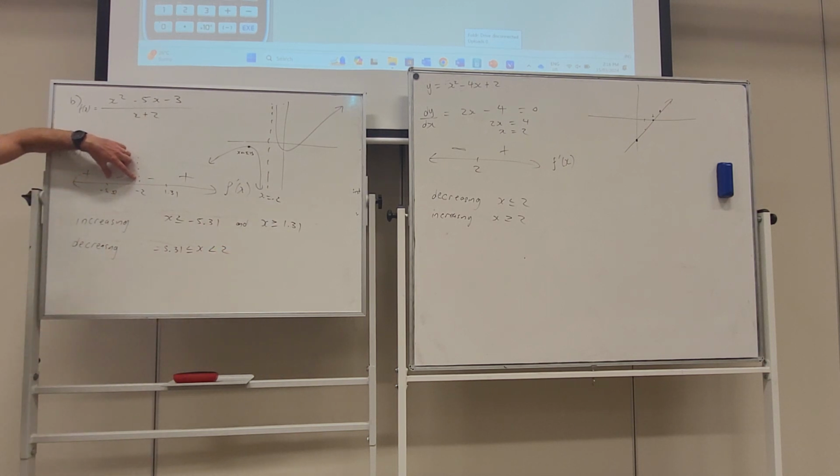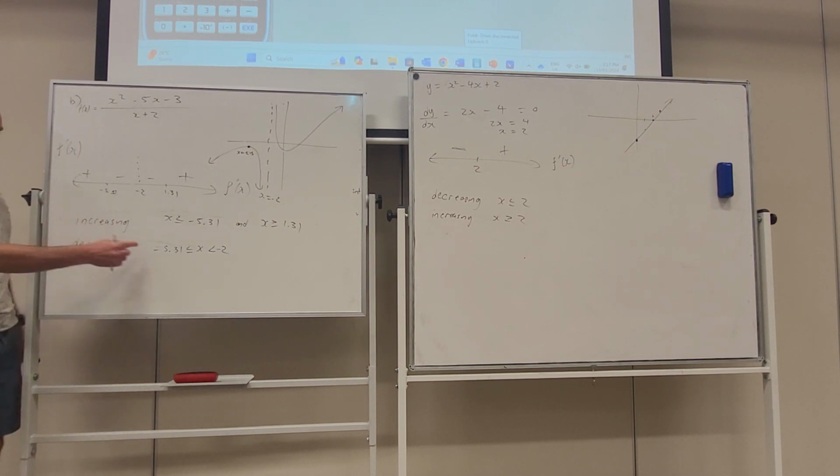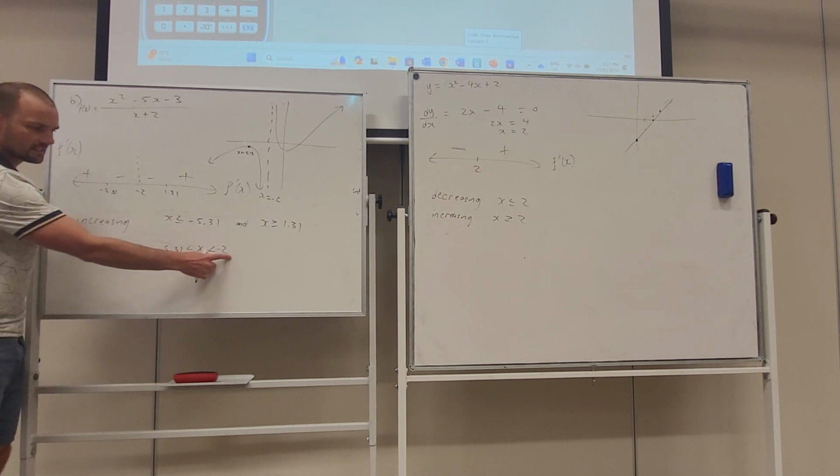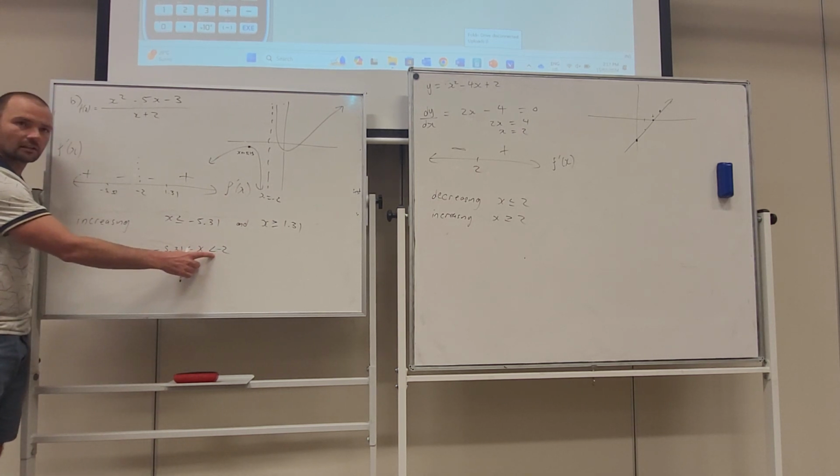Something to be very clear about, very particular with my notation there. Look, it exists at -5.31, so we include that point. But it doesn't exist at the asymptote, so we don't include that point.